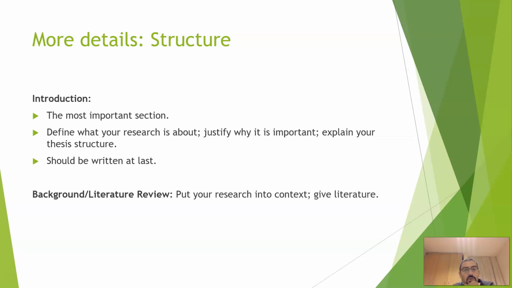And again, as in the previous slide, background literature review. You should put your research in context, and you should cite the necessary literature. This shouldn't be like bombarding the reader with literature. Your research should clearly fit into some point in the history of things, right? Again, this is a very delicate point.